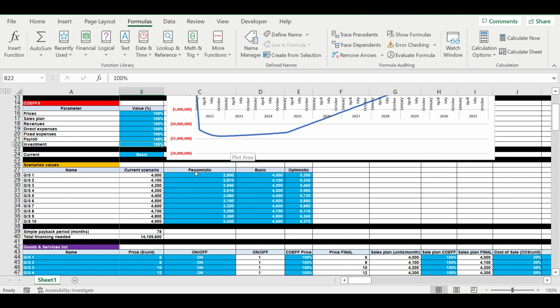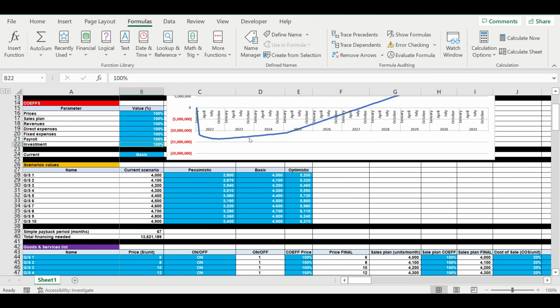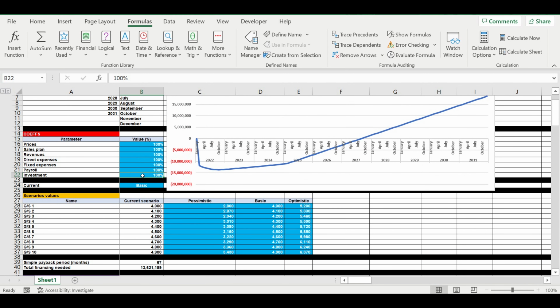We can see how payroll affects the financing, the payback period, and so on. So we can play here at the top with all the expenses and all the revenues globally, and see what will be the diagram.